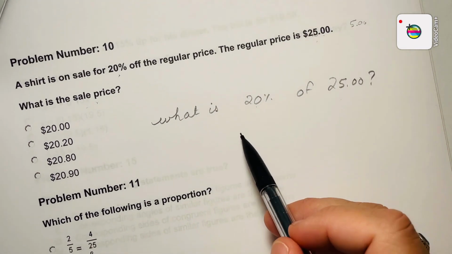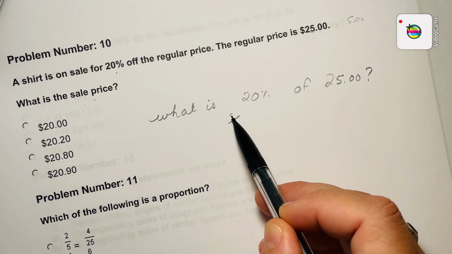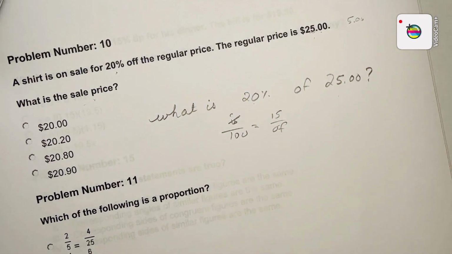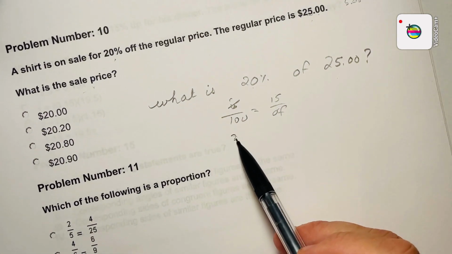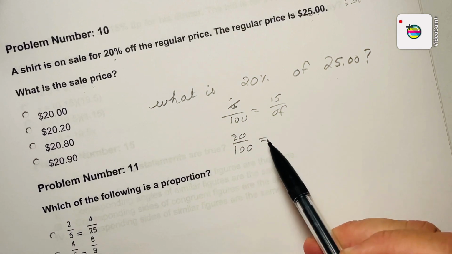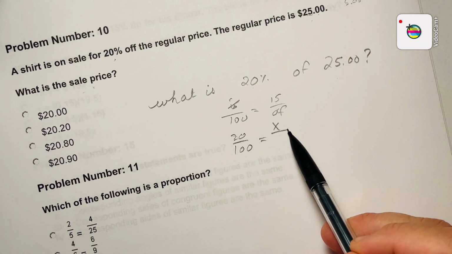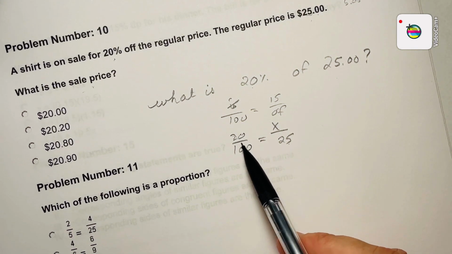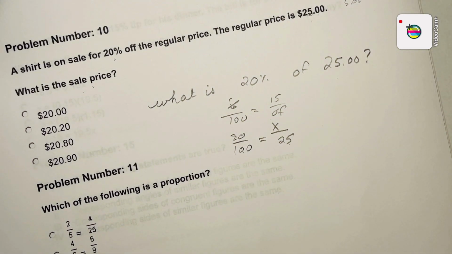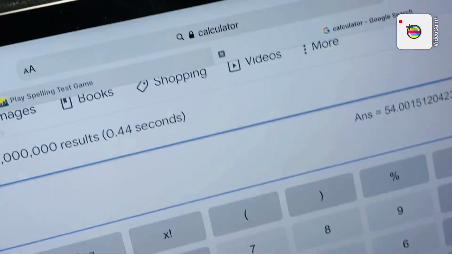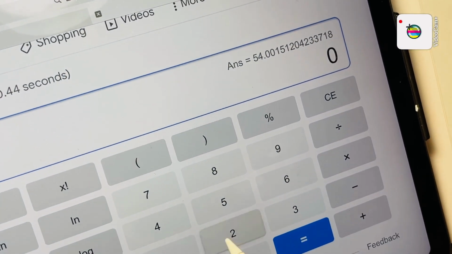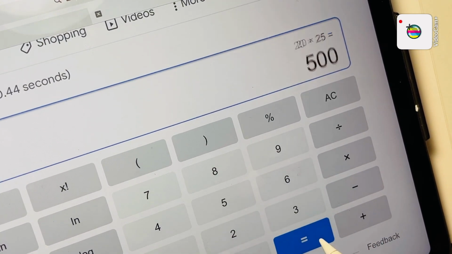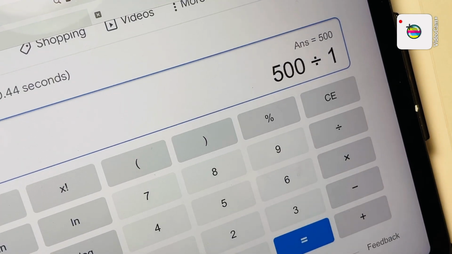But I'm going to go ahead and do the percent over 100 formula equals is over of, since that's what you've been learning. All right, 20 over 100 equals the variable over 25. Okay, cross multiply and divide. 20 times 25 divided by 100.